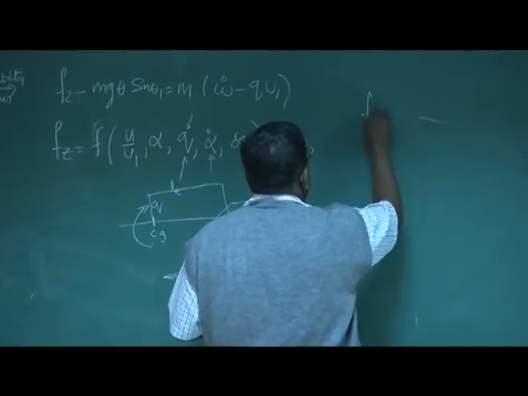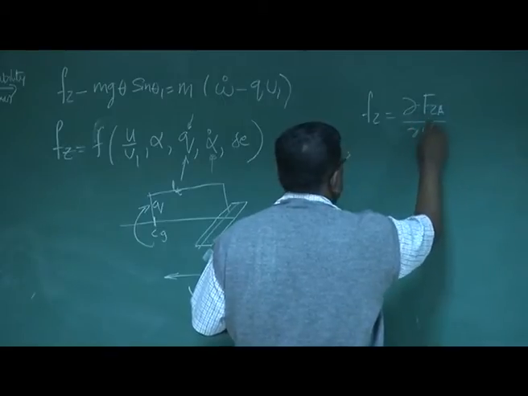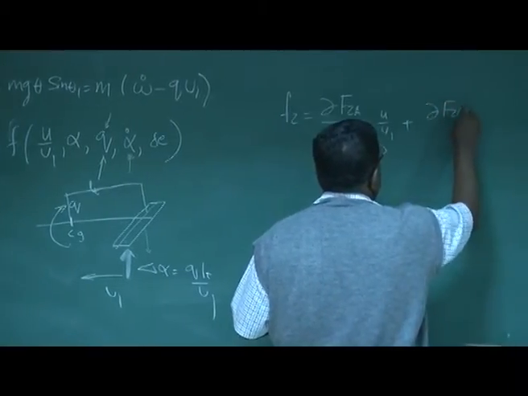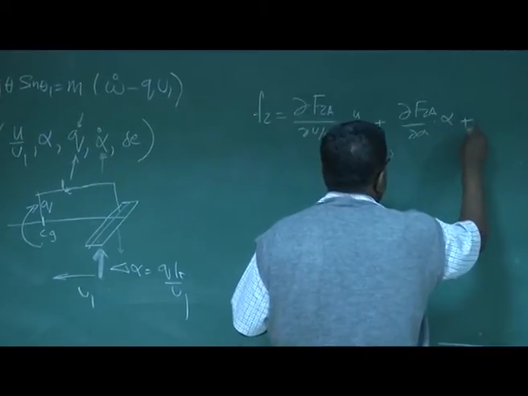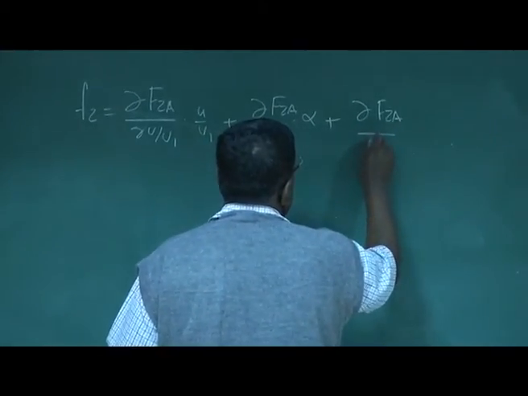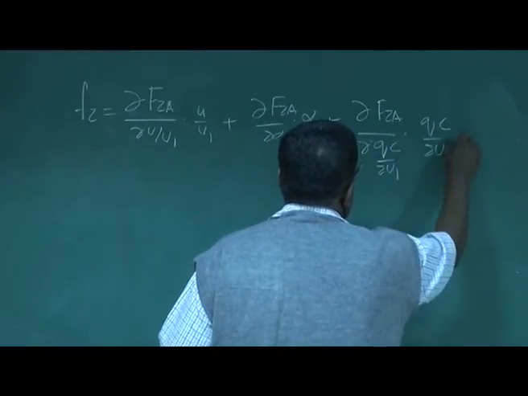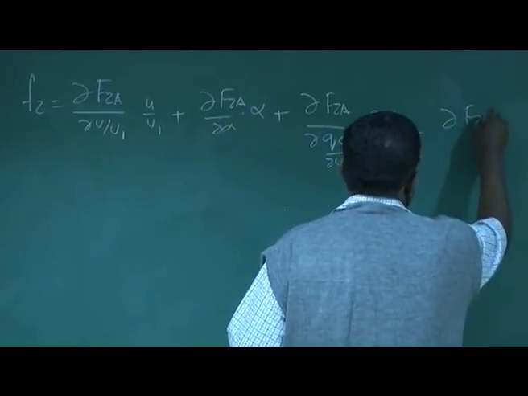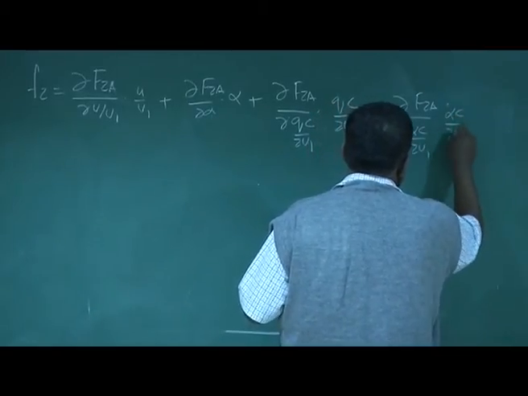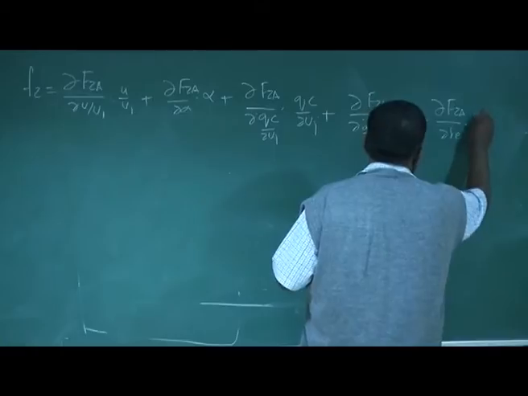So I can write Fz as dFza by du by u1 into u by u1, plus dFza by d alpha into alpha, plus dFza by d(qc by 2u1) into qc by 2u1, and dFza by d(alpha dot c by 2u1) into alpha dot c by 2u1, and plus dFza by d delta E into delta E.